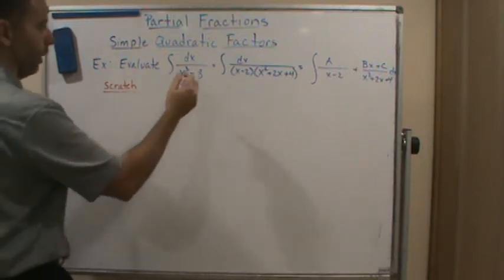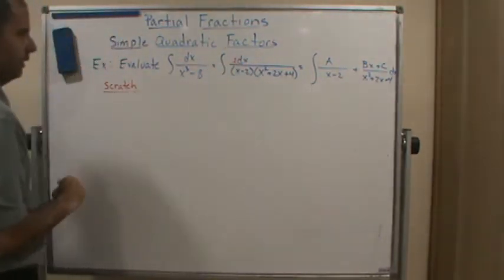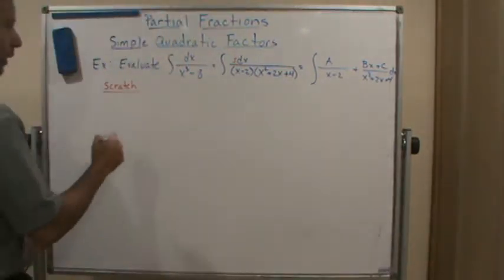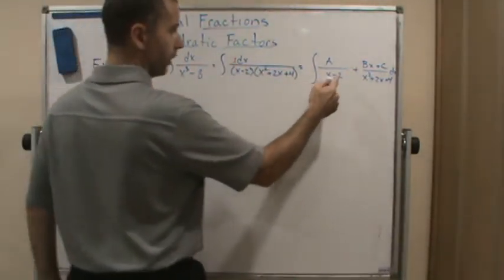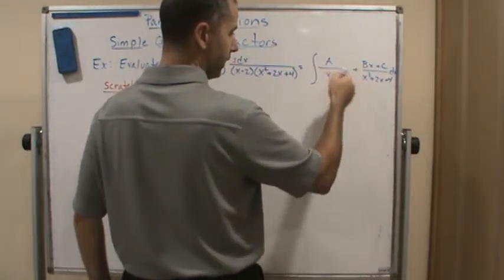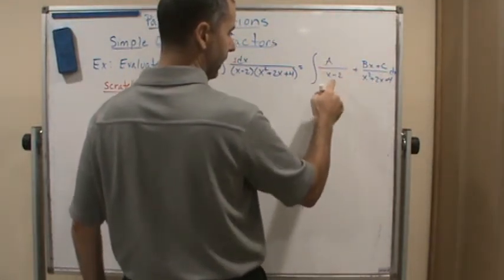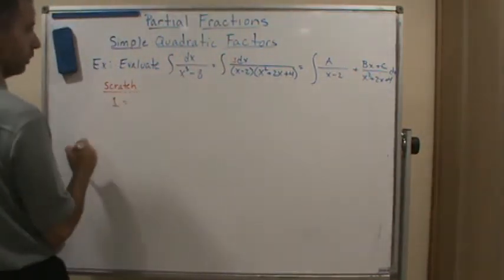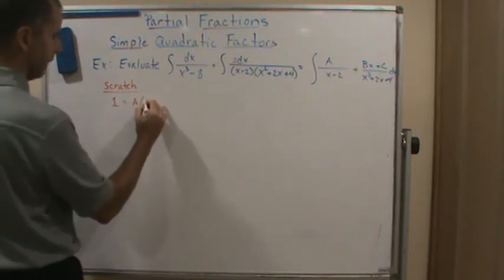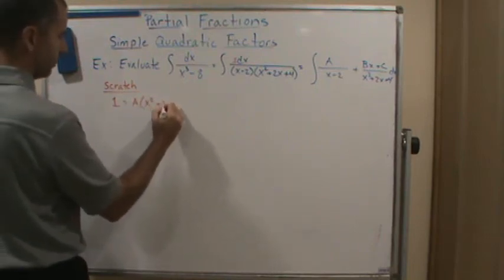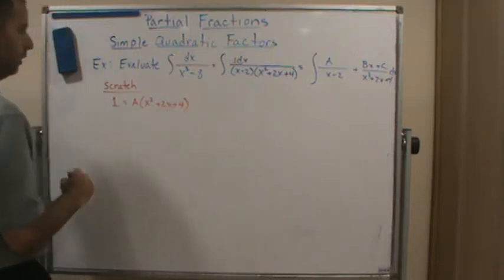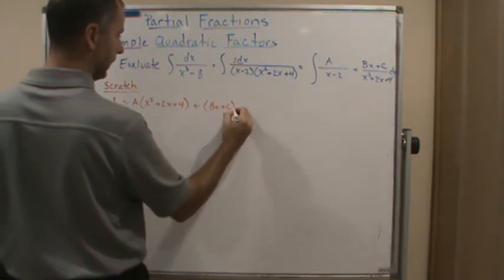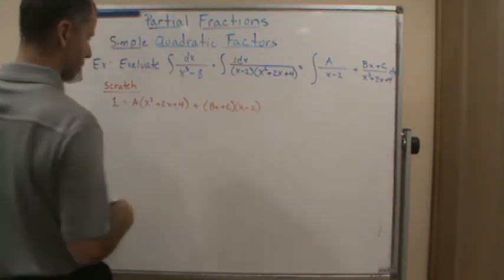Okay, so now we've got 1. So again, there's a 1 here, so I'm going to equate the numerators. So I'm going to set up my equation. It's going to be 1 equals, cross multiplying, this times A and this times this. So the equation I'm going to solve is 1 equals A times x squared plus 2x plus 4, plus Bx plus C times x minus 2.